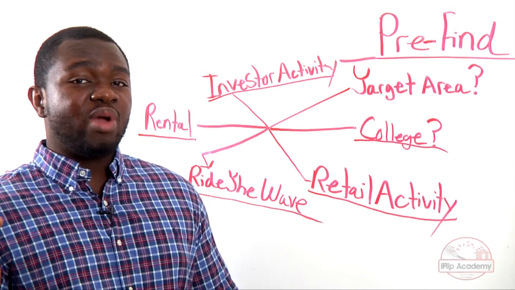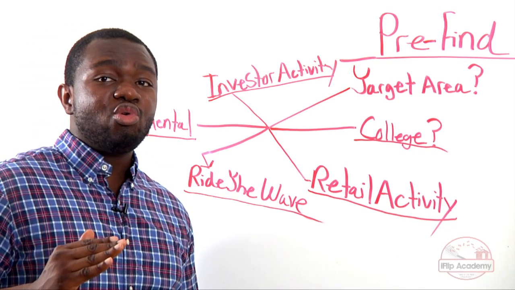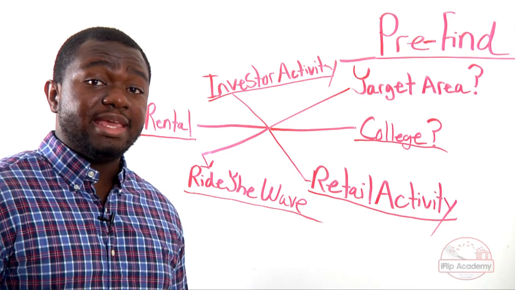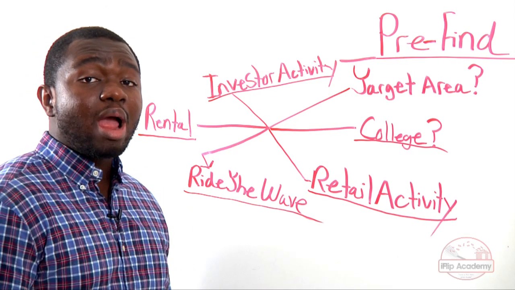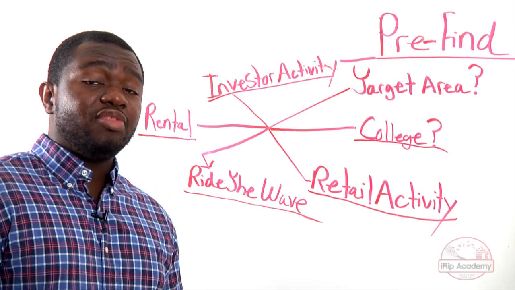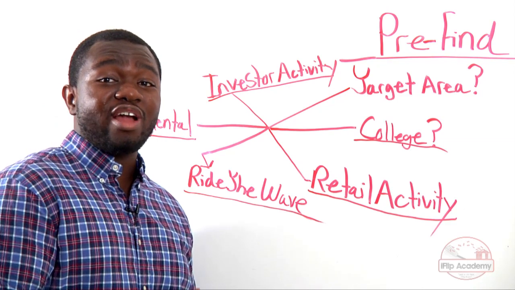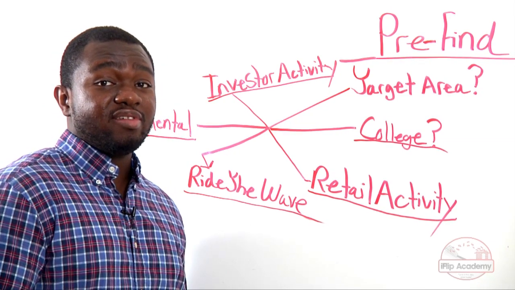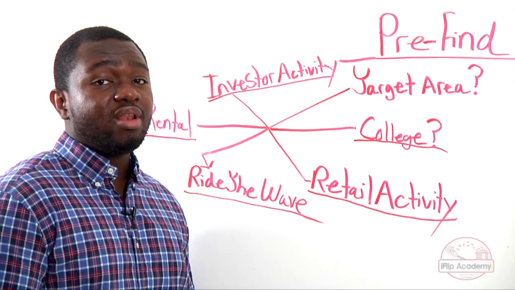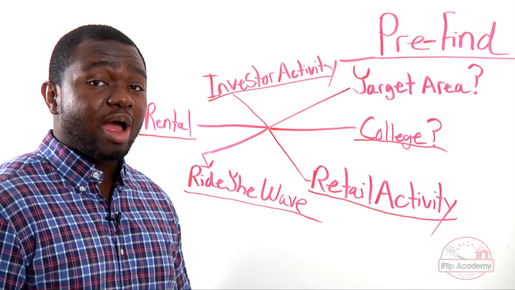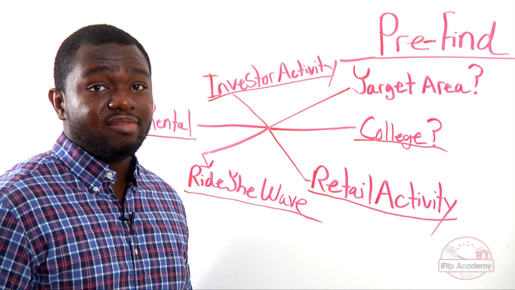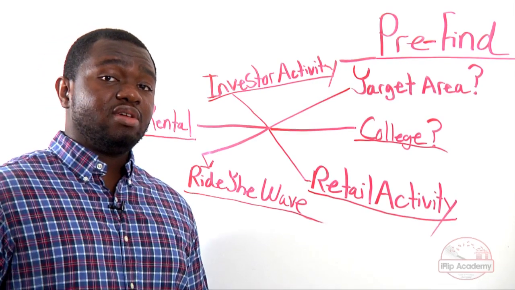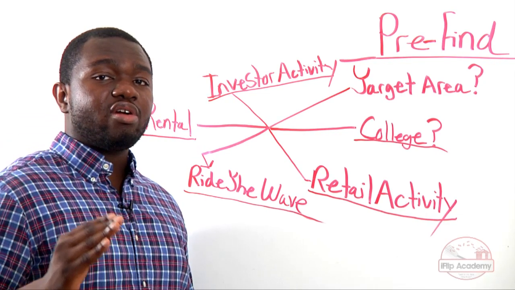So when this wave kind of started brewing, you had a handful of investors that were able to get in and purchase properties at the pre-wave prices, pretty much fire sale prices, before anything was going on. And they were able to purchase these properties at pennies on the dollar. Then what happened is, the wave started brewing.